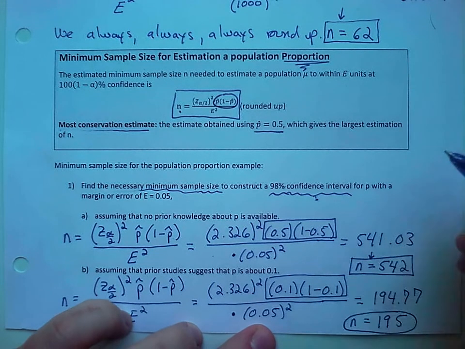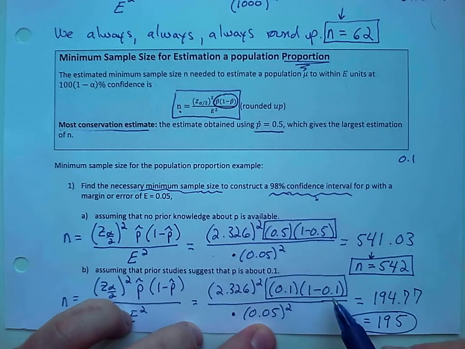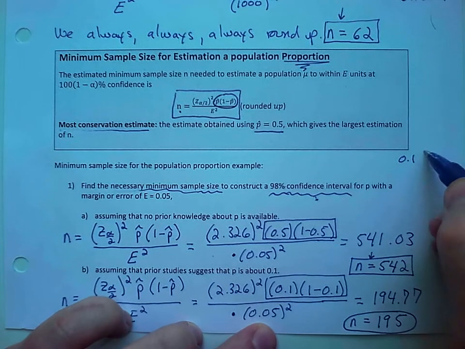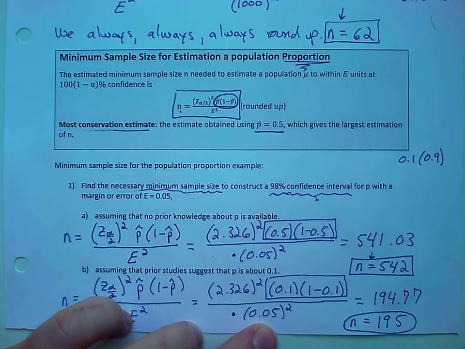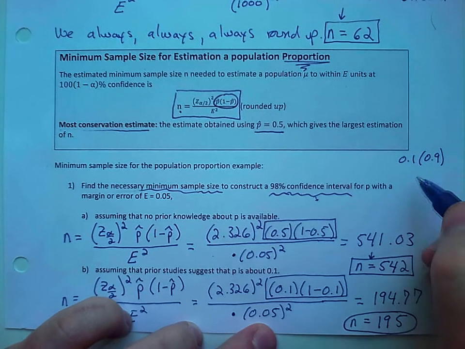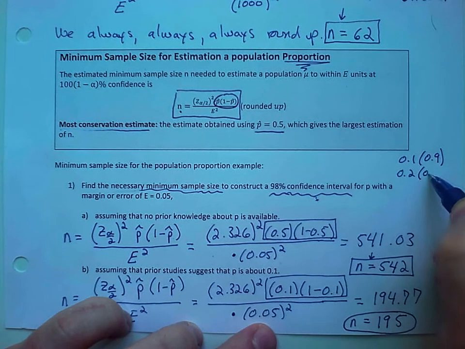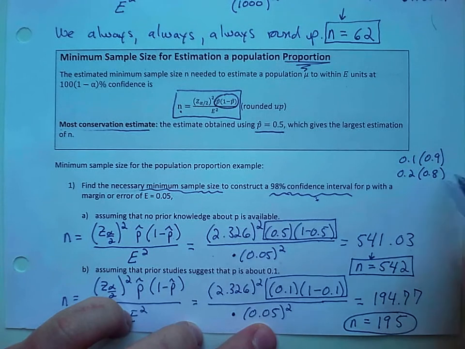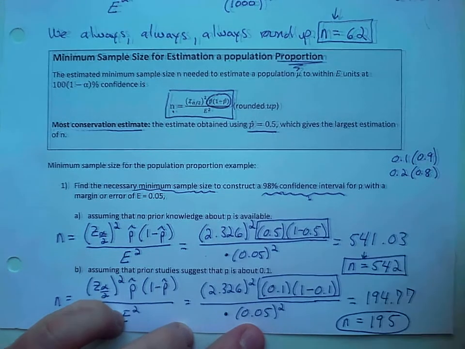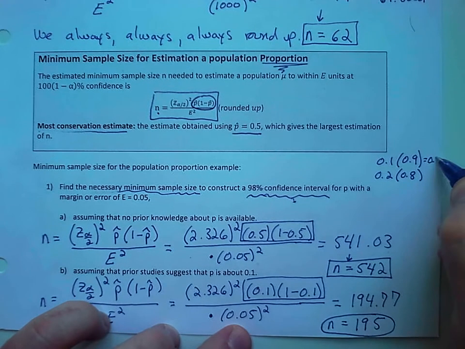Well, what we did down here was we used 0.1 times 1 minus 0.1, which is 0.9. This is going to be smaller than if we use 0.2 times 1 minus 0.2 or 0.8. Right here, this comes out to 0.09.